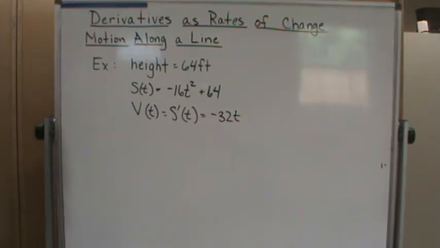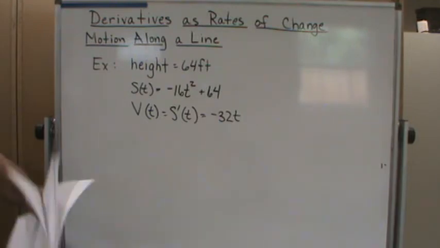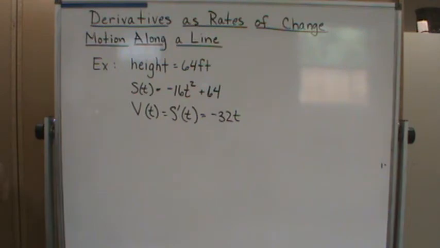Now, we want to know what the instantaneous velocity is when it hits the ground. Well, what's the height of the ball when it hits the ground? 0.